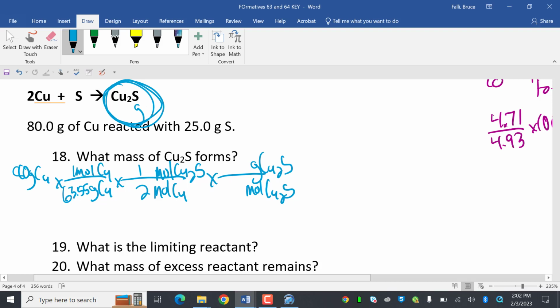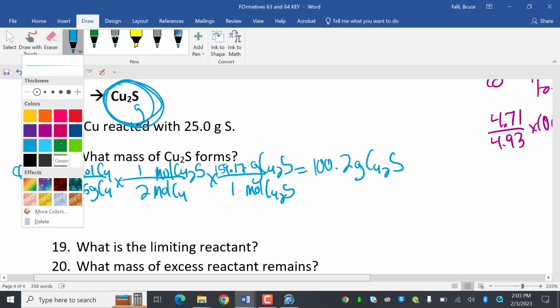So copper is 63.55 times 2 plus sulfur is 32.07, 159.17, and that's 1 mole. So 80 divided by 63.55 divided by 2 times 159.17 is 100.2 grams of Cu2S.